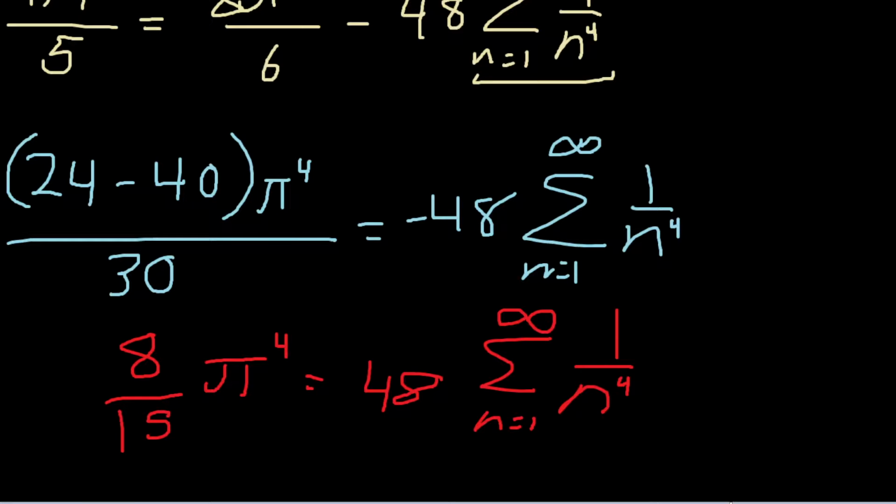This means that the sum from n equals 1 to infinity of 1 over n squared, oh sorry, n to the fourth, is just simply 8 pi to the fourth over 15 times 48, which is just pi to the fourth over 90, and this is the result.